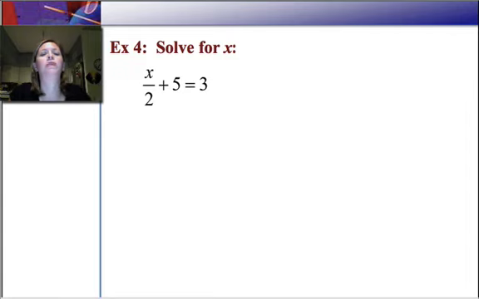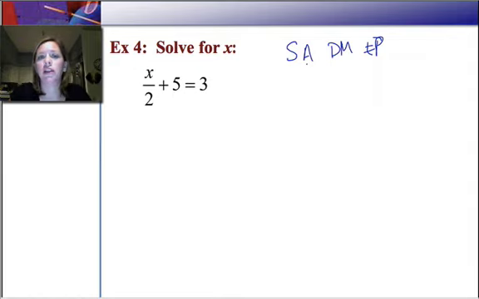Alright, so what if we still have a fraction bar, but look, we don't have a group that's in the fraction bar. So there's nothing in that numerator that has to get undone last. In this case, if we look at SADMAP, the plus 5, that's not part of the fraction bar.